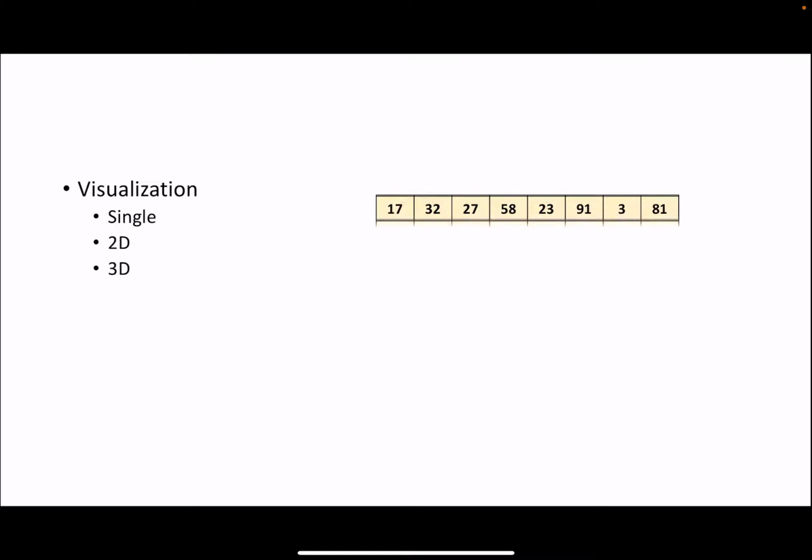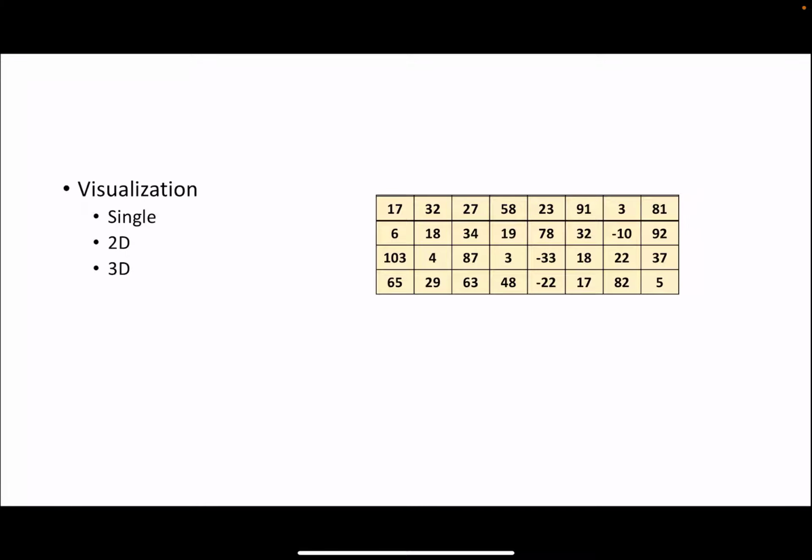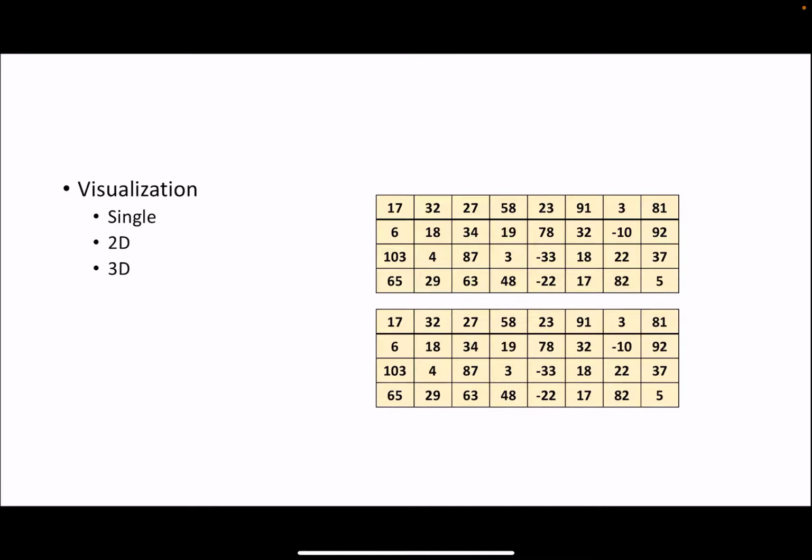If it's a three-dimensional array, we can think of them as different tables, and each table is a two-dimensional array. So it's a two-dimensional array, another two-dimensional array. Basically it has two tables, right? If I ask you to identify them, you should be able to say how many tables?